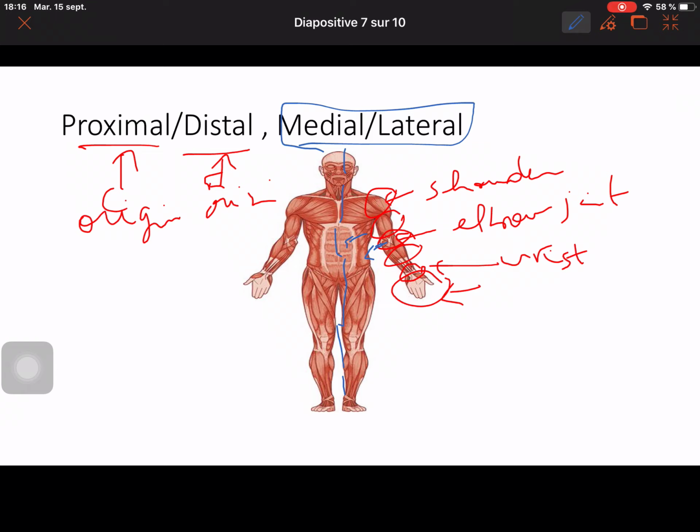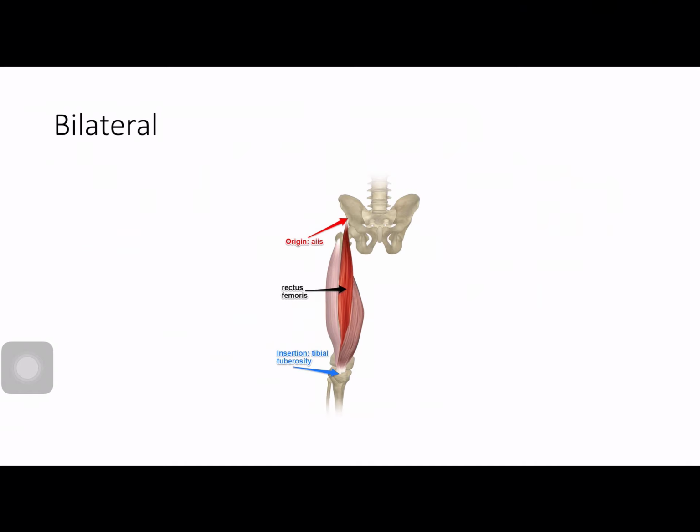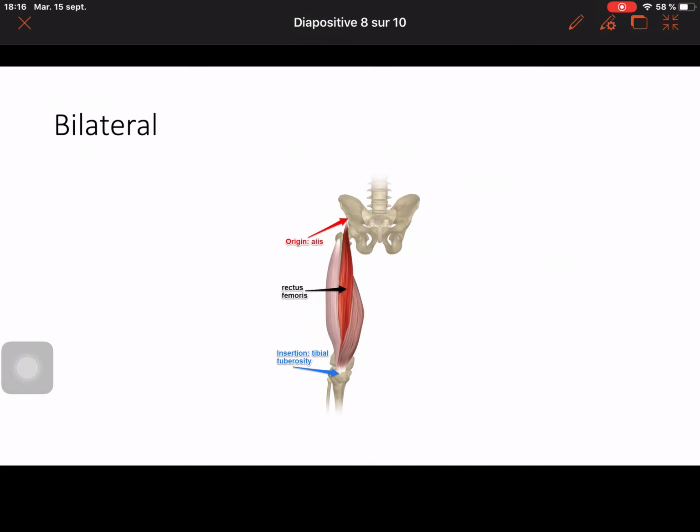Okay, we take two structures and we compare which is the closest to the midline, and we can extract the term if it is medial or lateral. Okay, and this is where the terms of laterality.